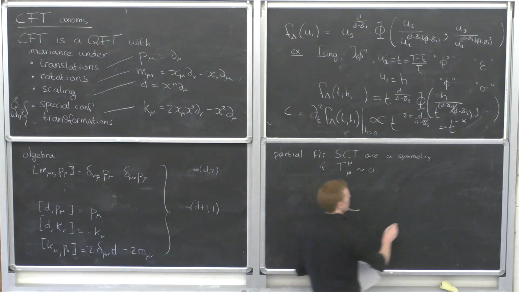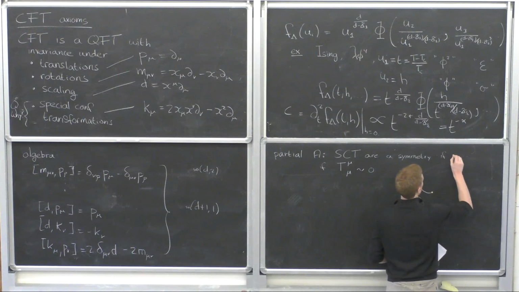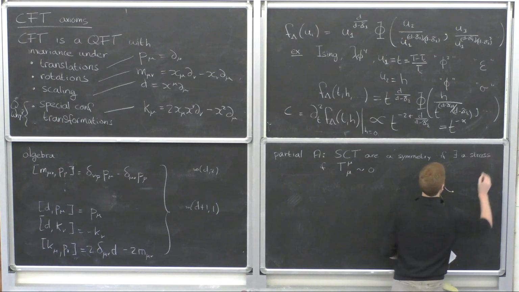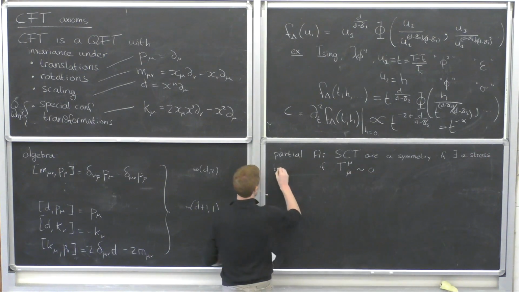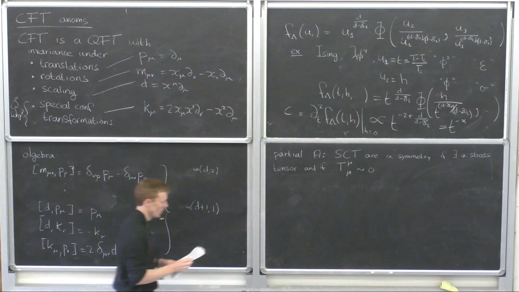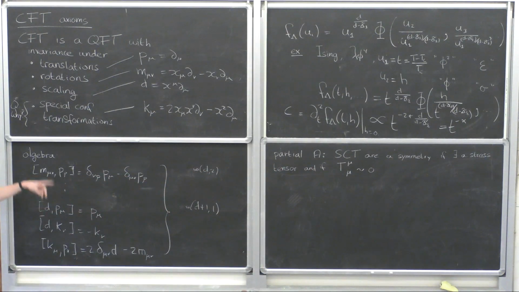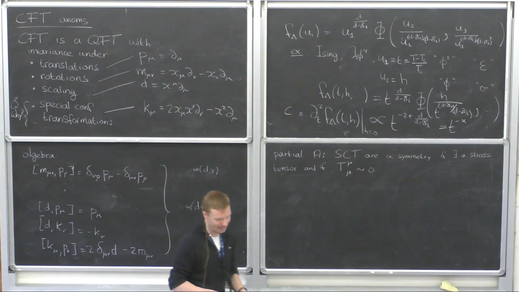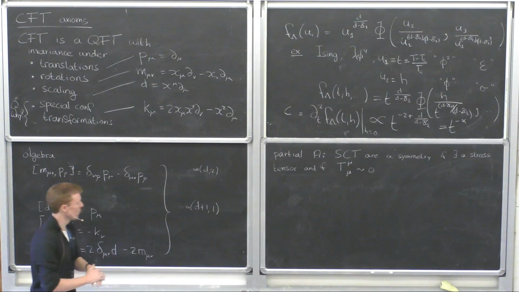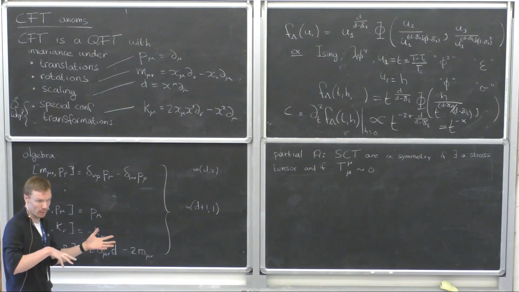So if there exists a stress tensor, now, why would a stress tensor exist? That is a separate question entirely. This is part of where the answer becomes a little bit unsatisfactory.